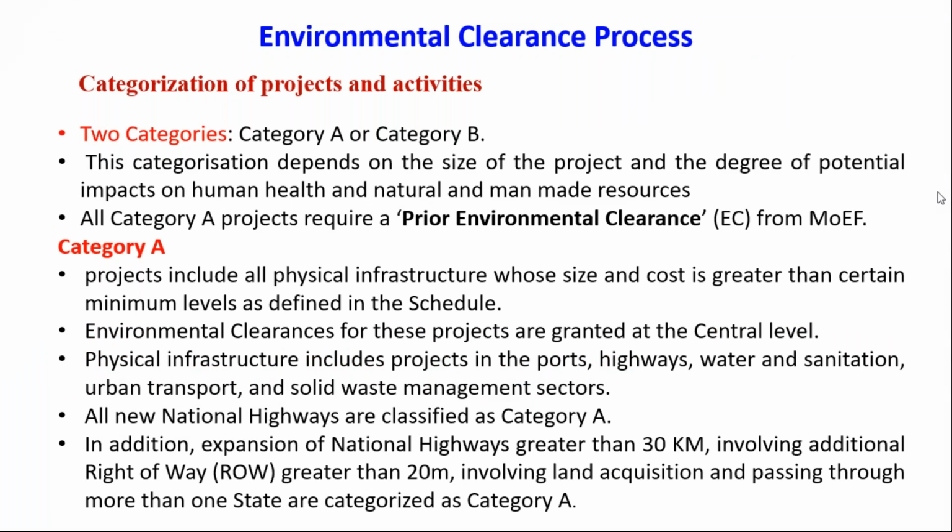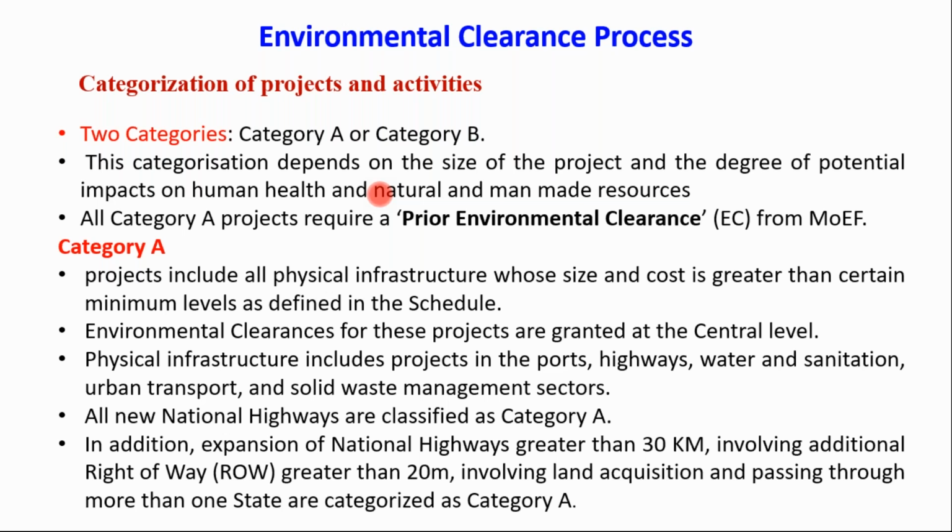There are two types of projects under these environmental clearance criteria, that is category A and category B. These categories depend on the size of the project and degree of potential impacts on human health and natural and man-made resources.